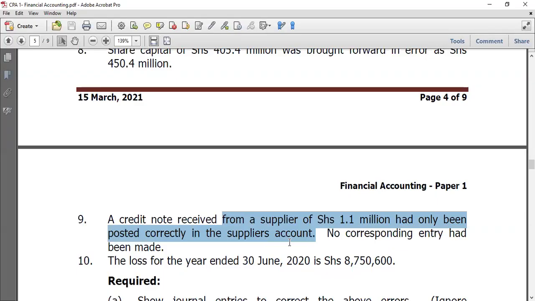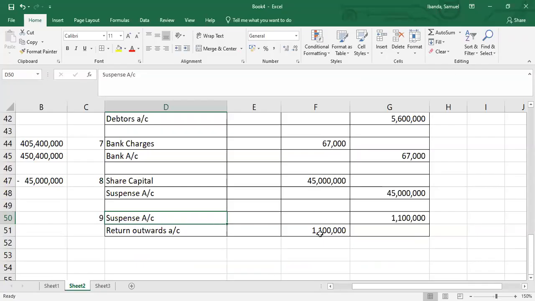And one of the reasons why we debit it in the supplier's account is because the supplier's balance is reducing, okay? Because there is a credit note, the amount he demands us is now less. So we should debit it here. So once we come here to our account here, we should actually make sure that we credit our returns outwards, not debit it, okay?